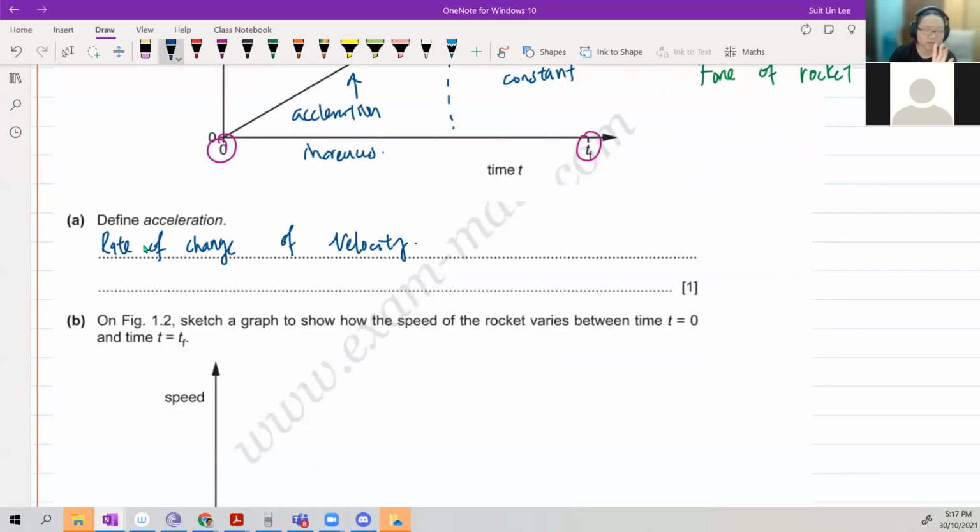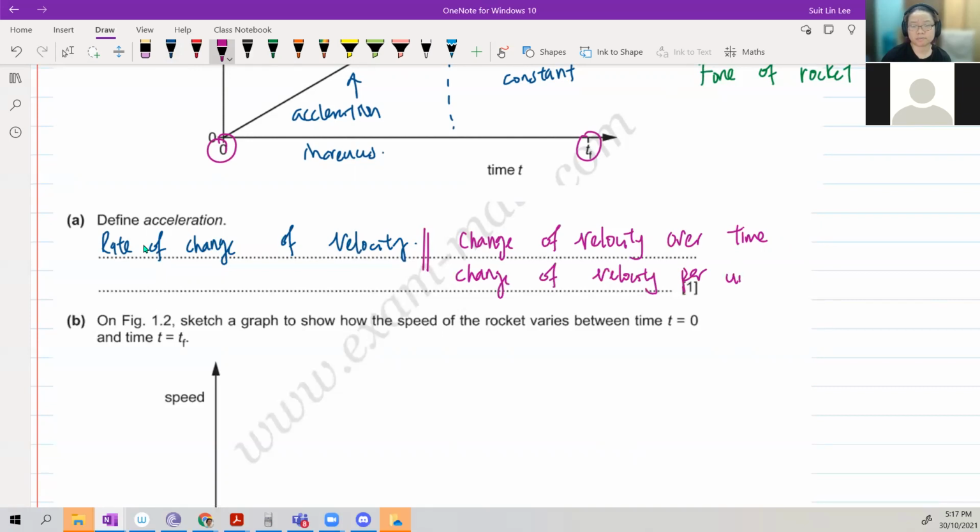This is the formal one. But for IG or for your level, you don't want to write the most complicated one, you also can just write change of velocity over time. Or you can write change of velocity per unit time.